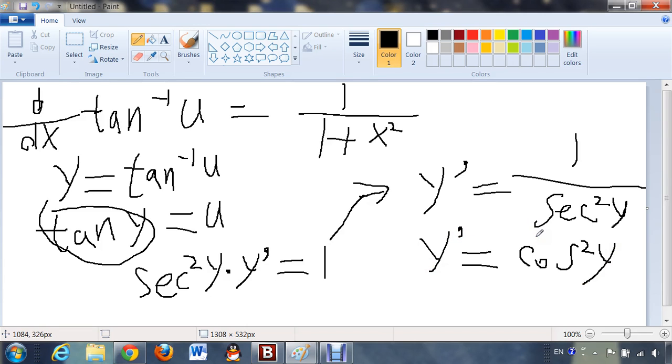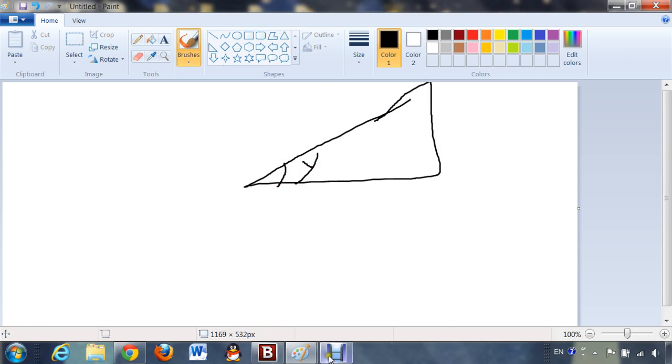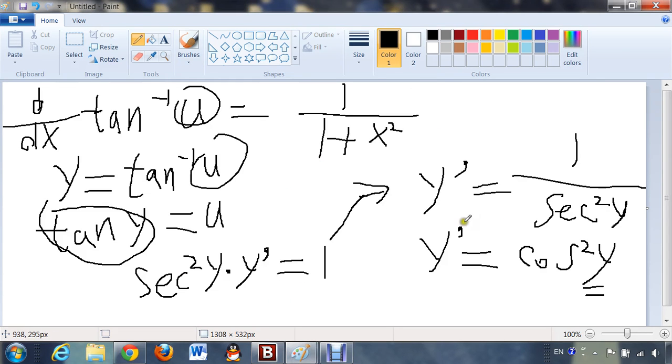Alright, but we cannot use y. We have to write it in terms of the variable u. So that's why we will look at the triangle. Remember the angle is y. From the original problem, we know the tangent of that angle is u.